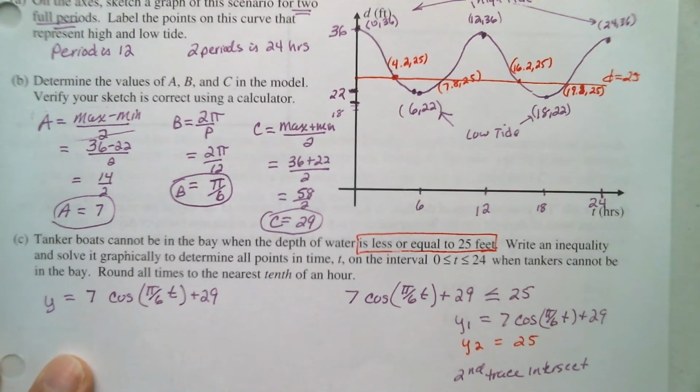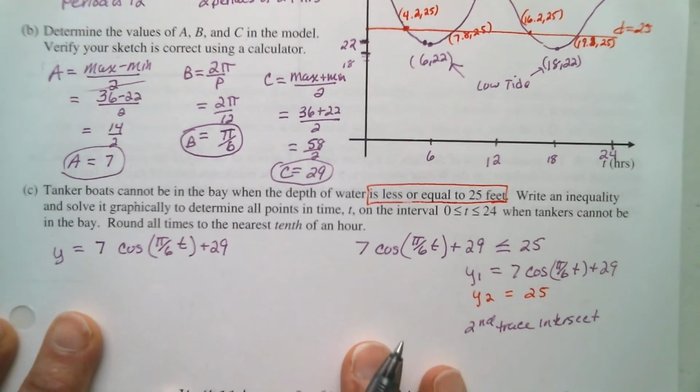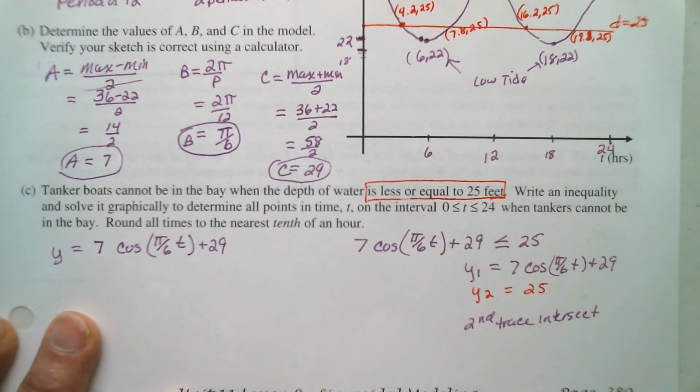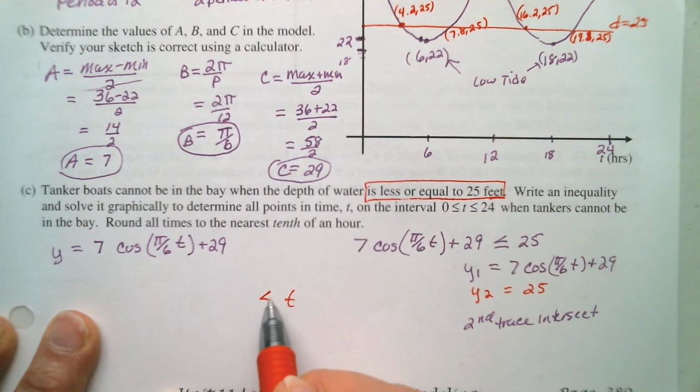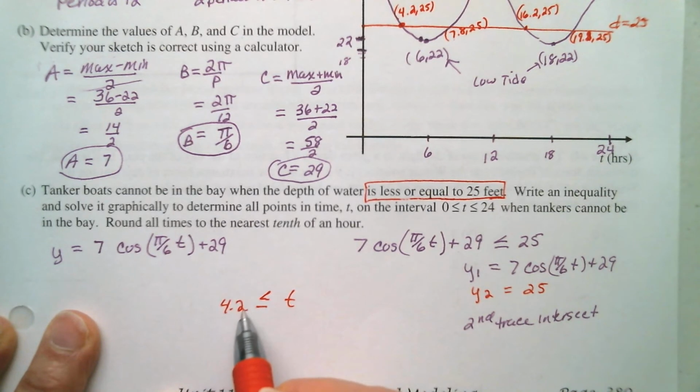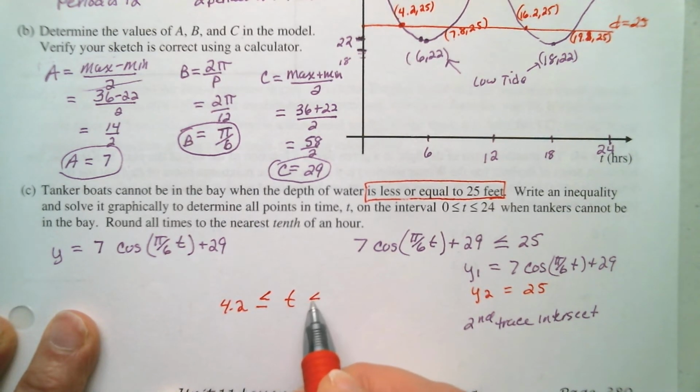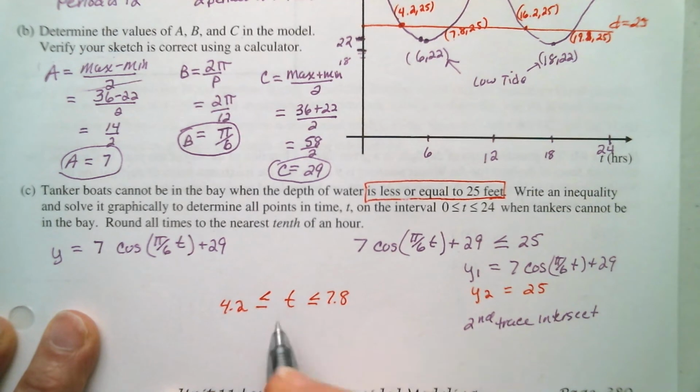Okay, so the tanker cannot be in the bay when the time is greater than or equal to 4.2 hours, but less than or equal to 7.8, and also 16.2 less than or equal to t less than or equal to 19.8.